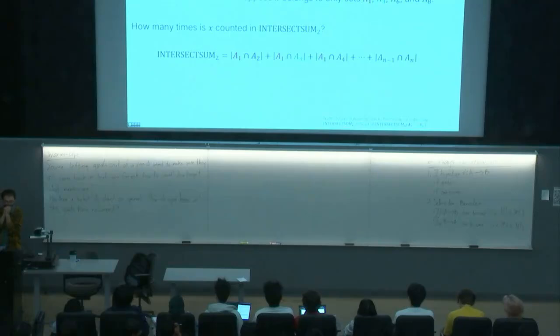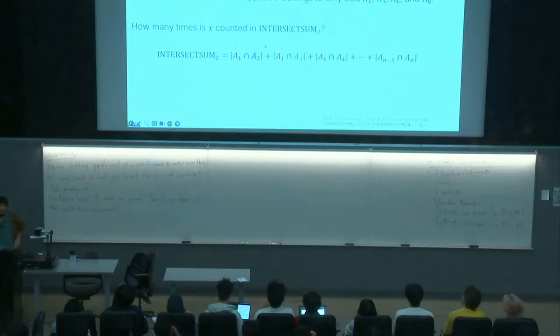What do you think? How many of these sets does x belong to? So does it belong to A1 intersect A2? That's an interesting question. It only belongs to these sets.